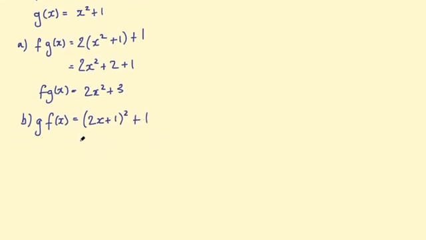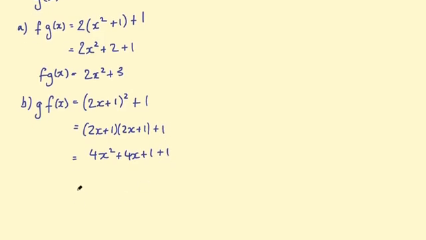And then we can go ahead and solve this. So expand those brackets out and multiply, and we get 2x times 2x, that's 4x squared, plus 4x plus 1 and plus 1 again. And then simplify, so 4x squared plus 4x plus 2.